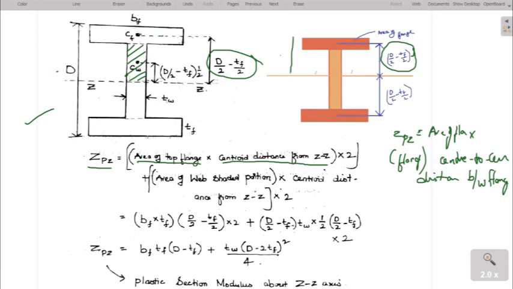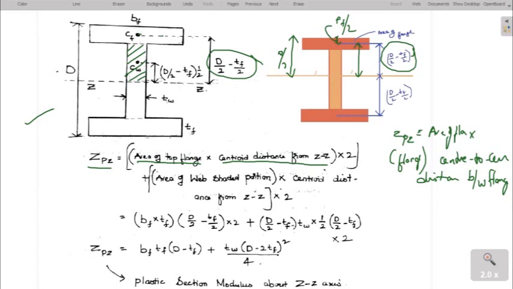So as you know, this is d/2 and this distance is tf/2. So d/2 minus tf/2 will give you this value over here, isn't it?